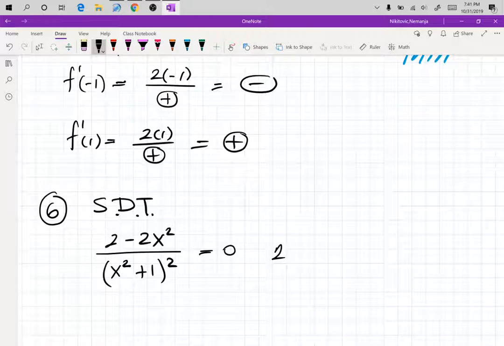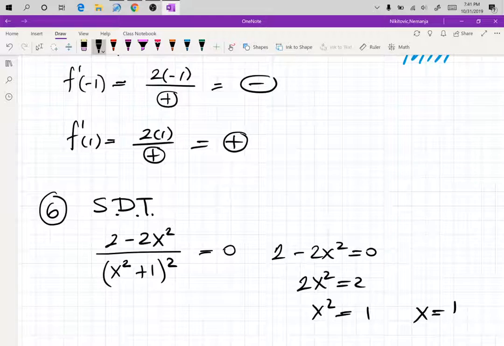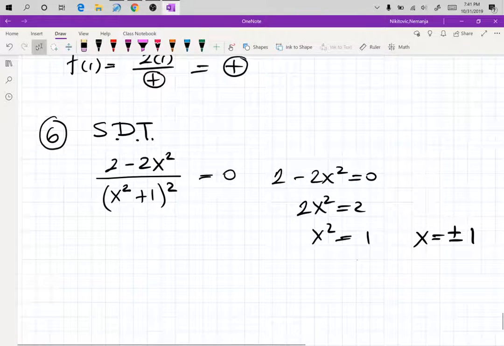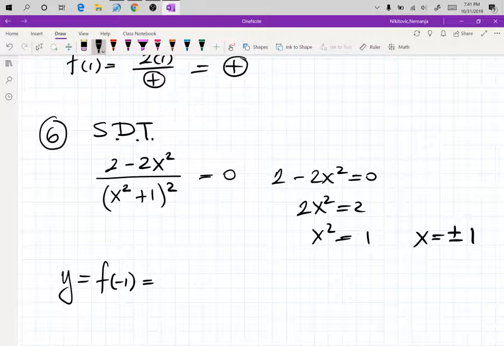So now I have 2 minus 2x squared equals 0, 2x squared equals 2, x squared equals 1, x equals plus minus 1. We have 2 inflection points. I have to find y values for both of them, and then we'll do the partition.